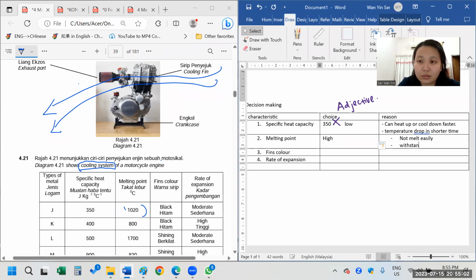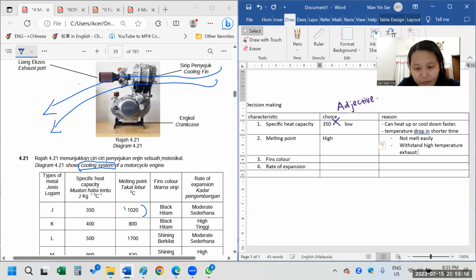Okay, not melt easily, so we can say withstand high temperature exhaust fumes. Something like that. If one correct, one wrong got marks, yes.